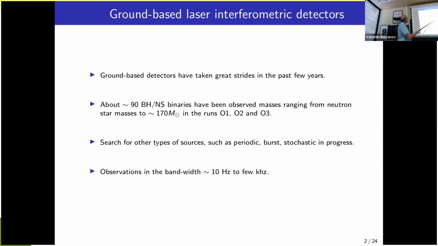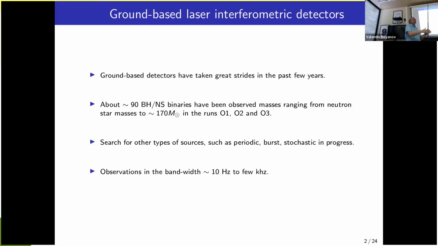So there are a lot of these sources with the ground-based detectors, but they can detect black holes and so on only in this particular range. The reason for this is that these are high frequency detectors and they operate from 10 hertz to a few kilohertz. Right now we are not at 10 hertz, we are at like 20 or 30 hertz.